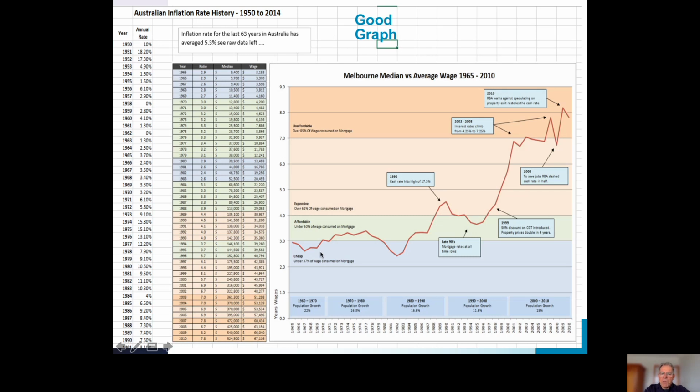But what's sort of nice about it is it's reasonably clear, and I like these grids along here. We've got a little bit more data as to what might be going on in the economy, but these lines here help us read off. Without those lines, it's a bit hard to pick where the graph is up to.